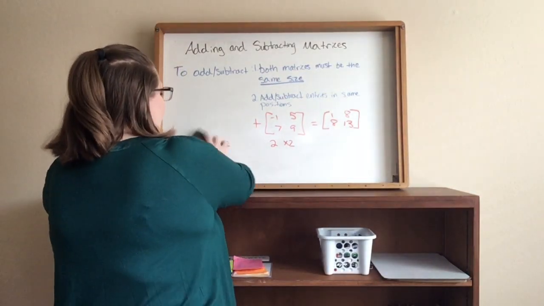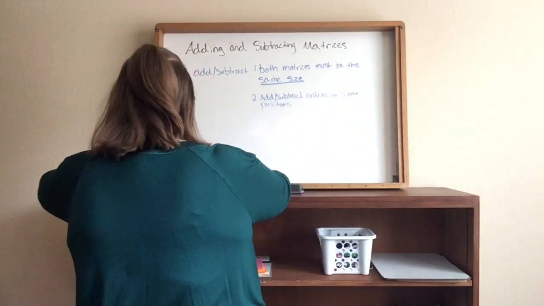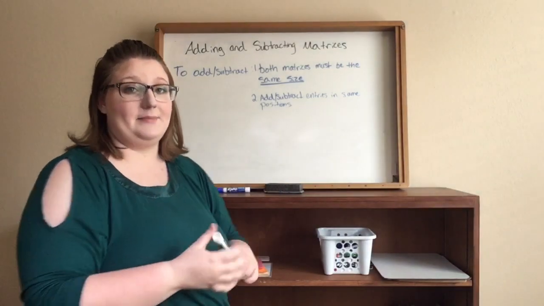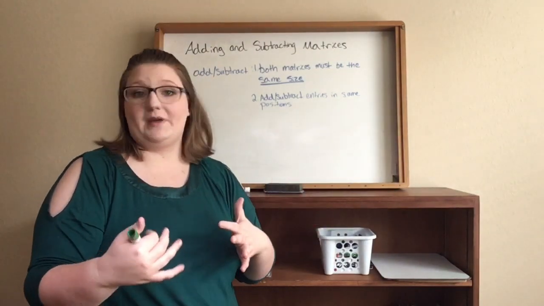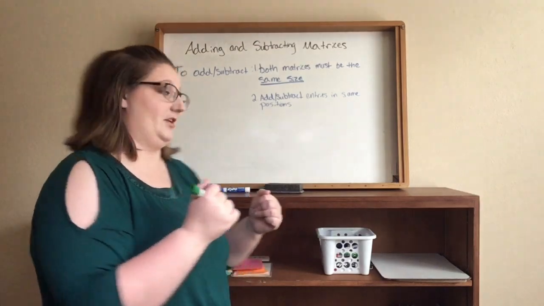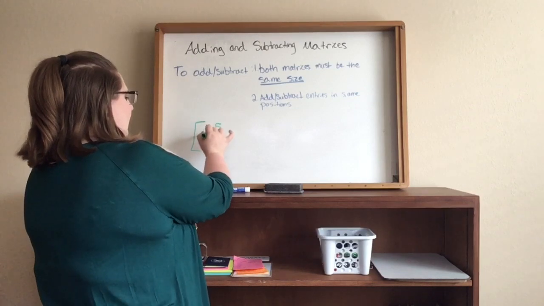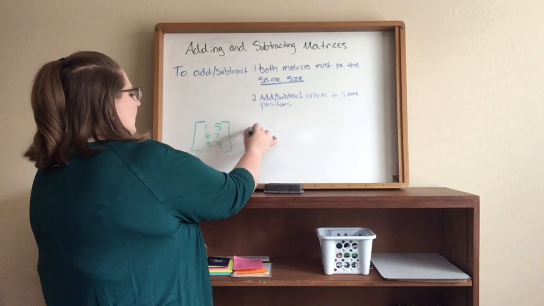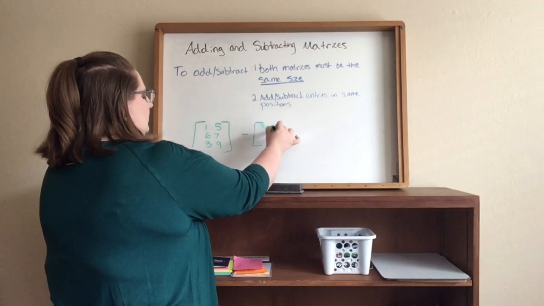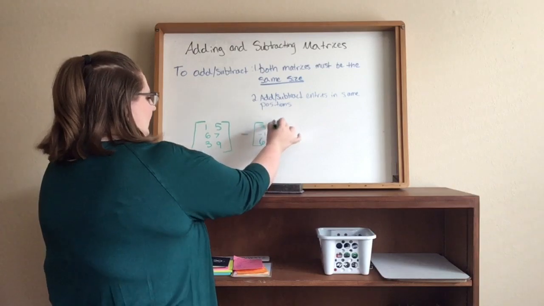So next we're going to look at an example where we subtract with matrices. Still going to follow that same basic strategy, but now instead of adding the two matrices together, we're going to subtract with their entries. So if we have the matrix 1, 5, 6, 7, 3, 9 minus 3, 2, negative 1, 4, 6, negative 5.